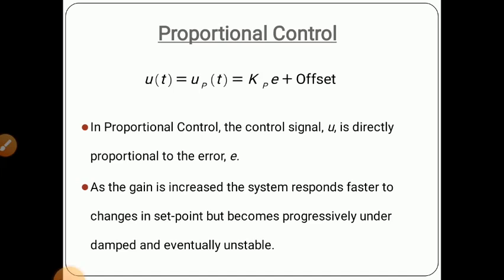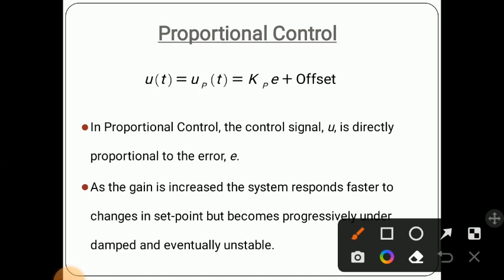The equation for proportional control is u of t is equal to up of t. P is here for proportional, so up of t is equal to kp into e plus offset. We understood that u is directly proportional to e.